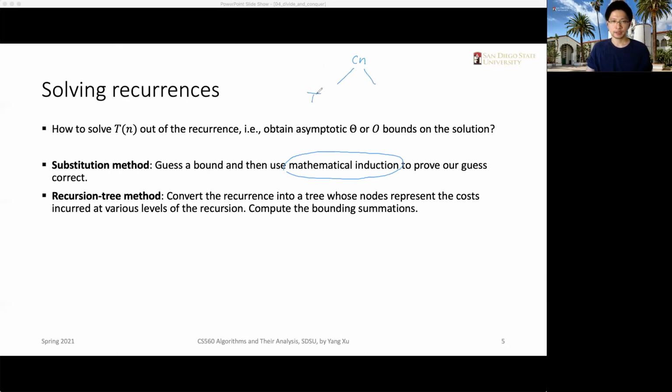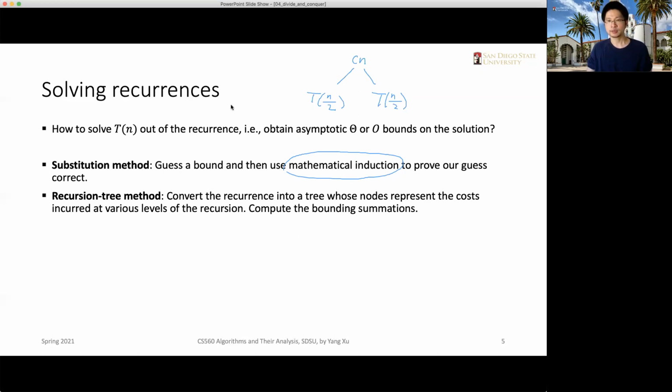The first branch is T of n over 2, and the second branch is also T of n over 2 in merge sort. That's how we built the first tree structure in merge sort. We keep the split going until we reach the bottom level, and then we sum up all the nodes in the tree to get the ultimate solution. That's the recursion tree method.